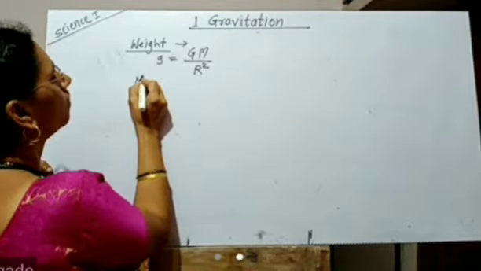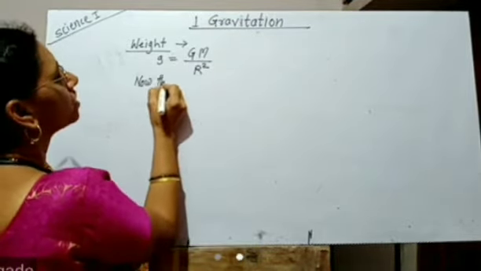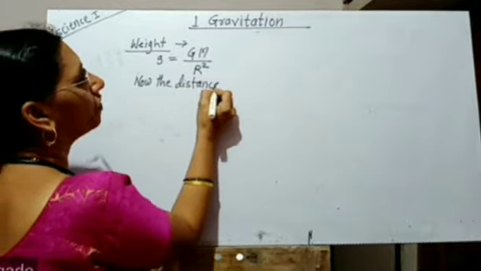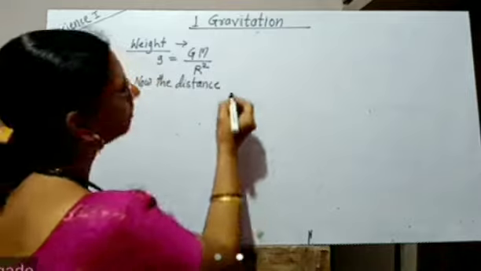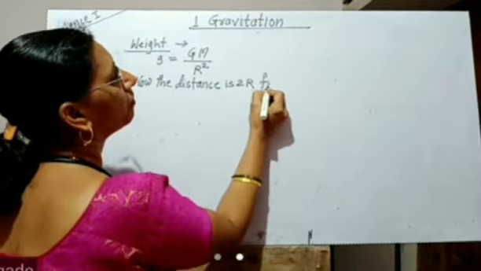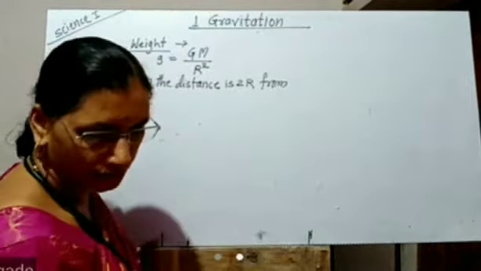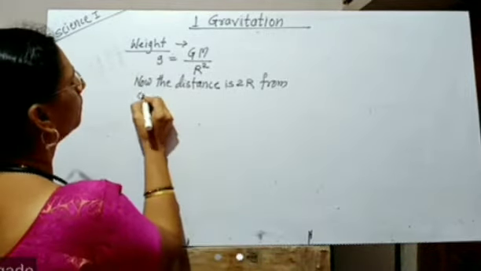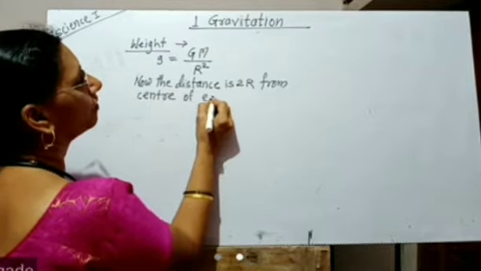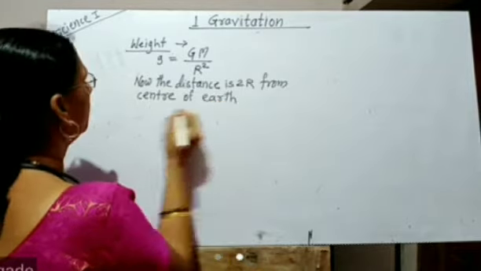Now the distance is 2r from the center of the earth.